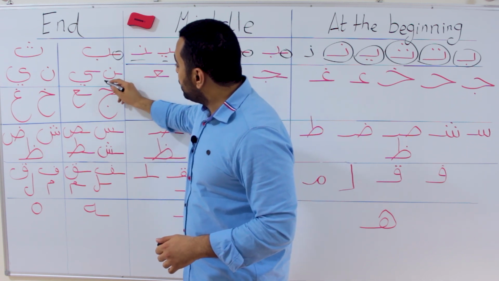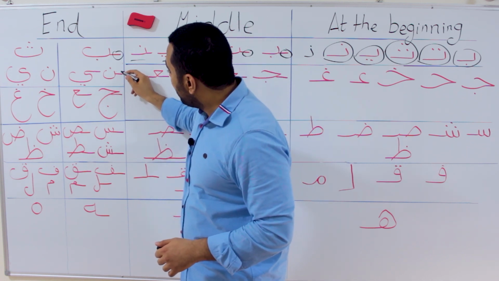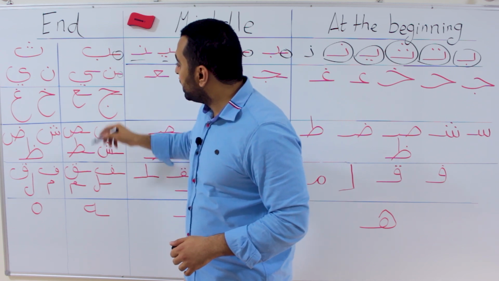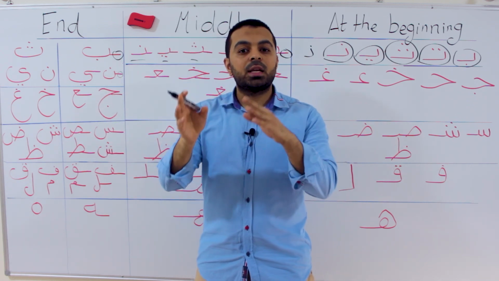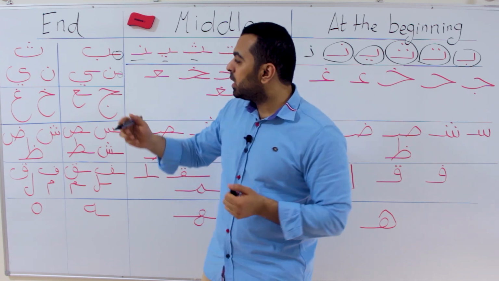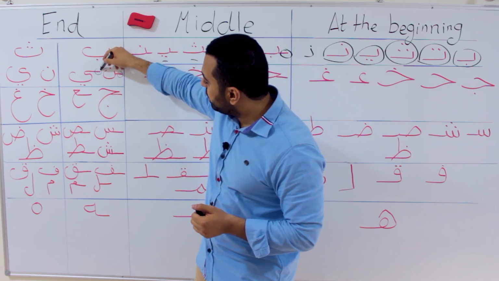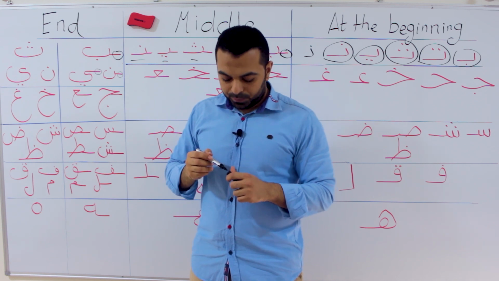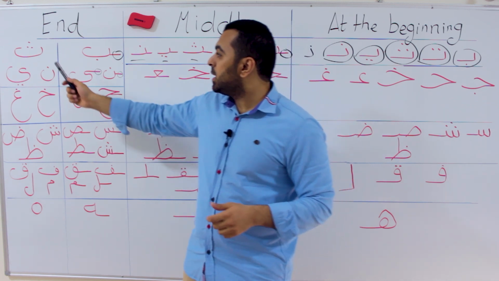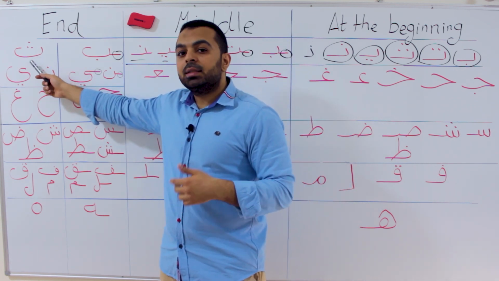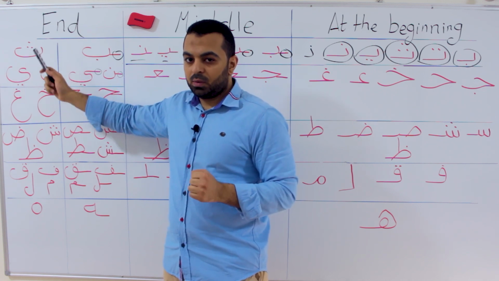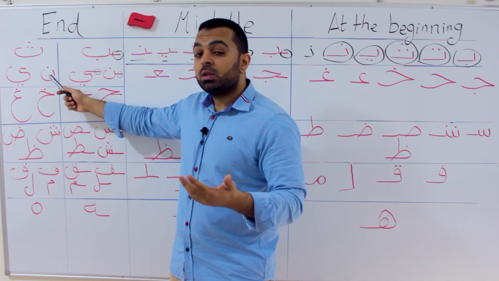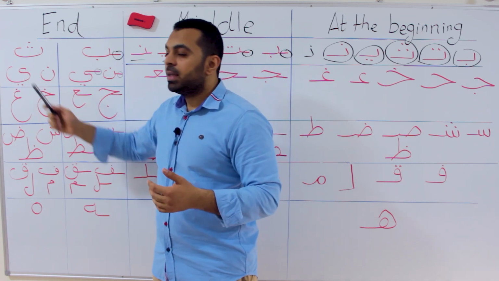So, this is noon, connected from this tail, and this is ya. Now, ya is different, it becomes like a swan connected to the previous letter from this tail. And this is also at the end. You will find ba like this, and ta like this, and sa like this, okay? And then noon, and then ya.